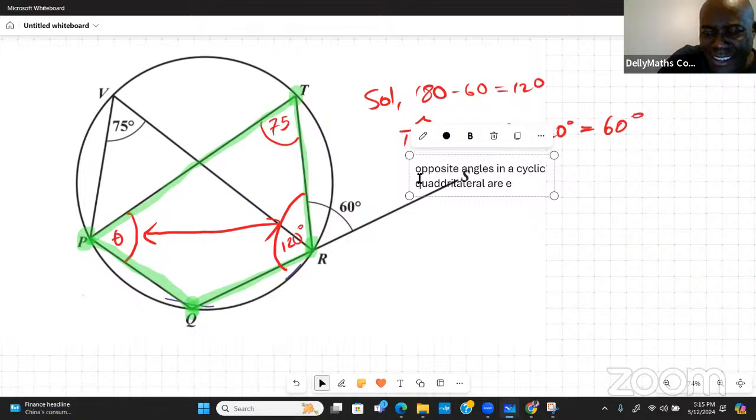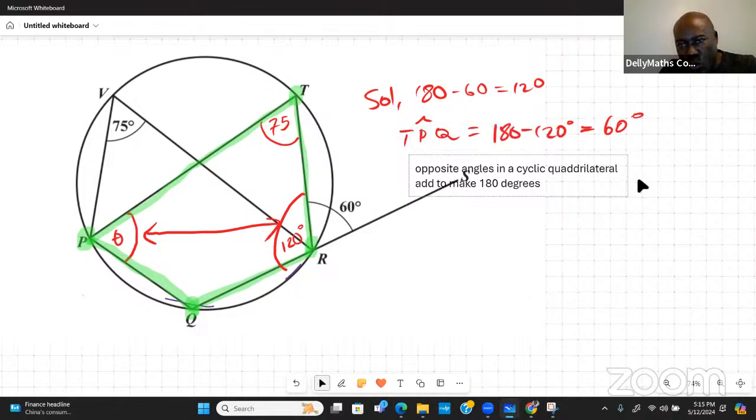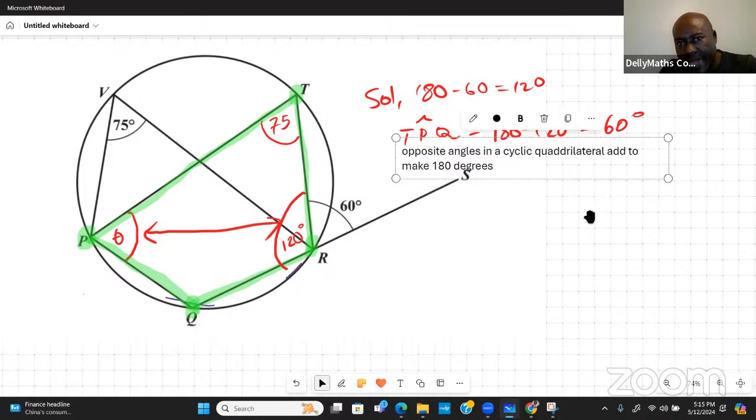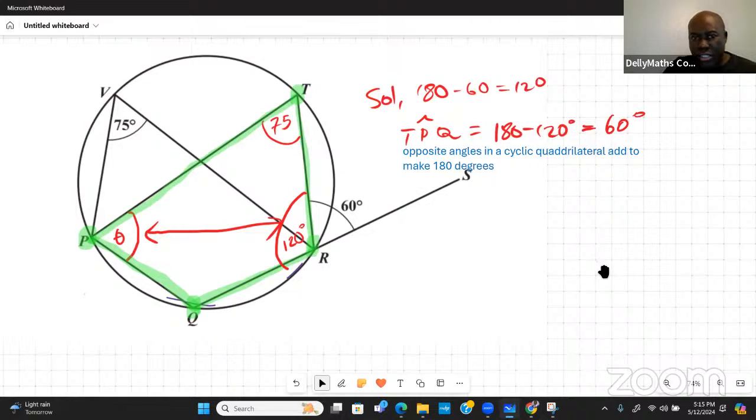No, my bad. Opposite angles of a cyclic quad add to make 180 degrees. All right. So that's what you could put with this if you did it that way. You never had to do it that way. You could have gone straight to the answer.